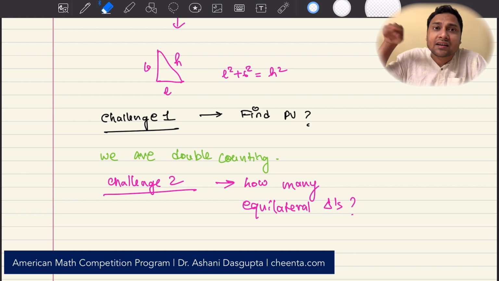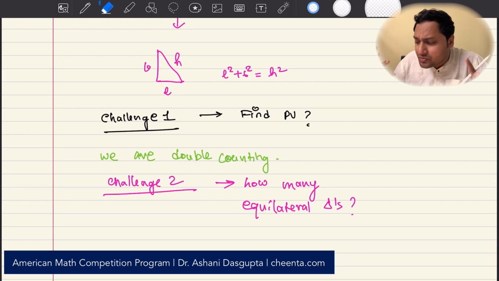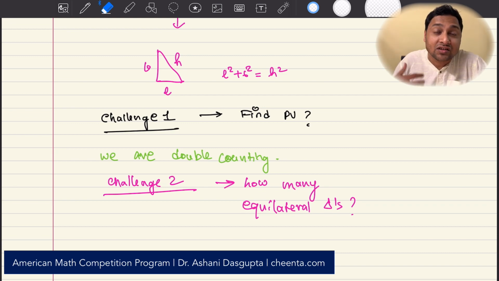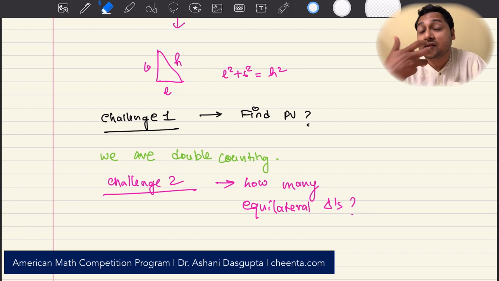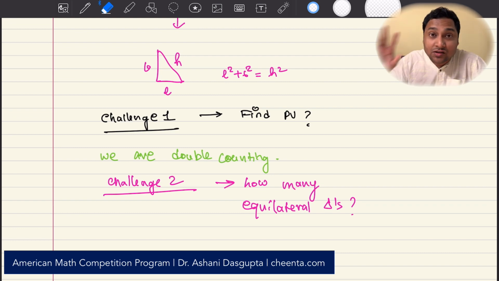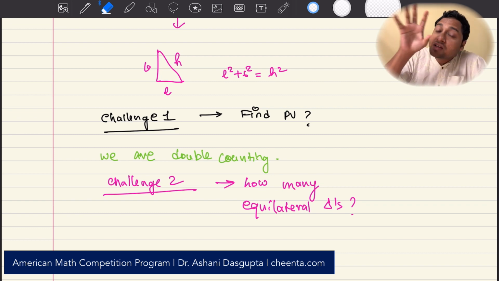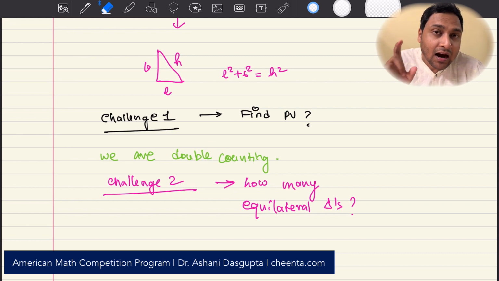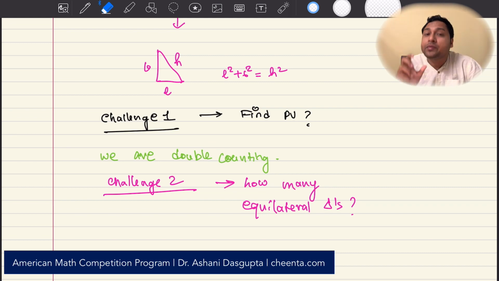Otherwise, you can just physically count the triangles. There is nothing to do. The purpose of this video is actually to help you understand some of the underlying strategies that could be used in a bigger and stronger problem. So just to recap, each of the square diagonals is producing 2 equilateral triangles.